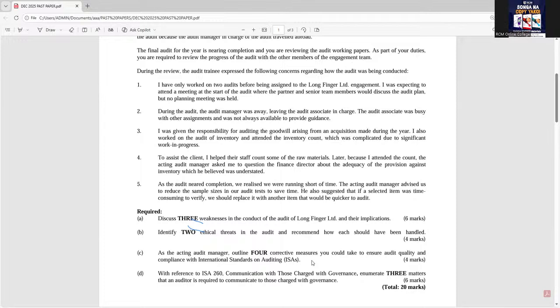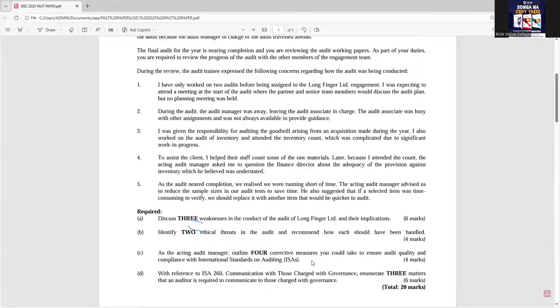Then we also mentioned that another weakness was that the staff deployed to this kind of audit were inexperienced. So ensure you deploy staff who are highly experienced or have relevant expertise to conduct this kind of audit. Then ensure that while conducting this audit, you do not go against the professional code of ethics.